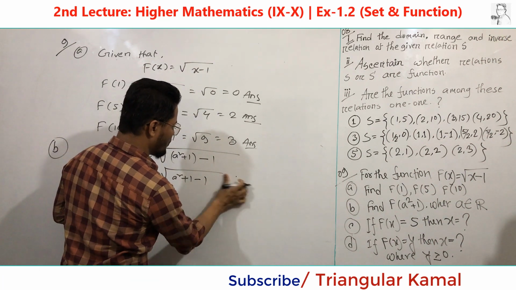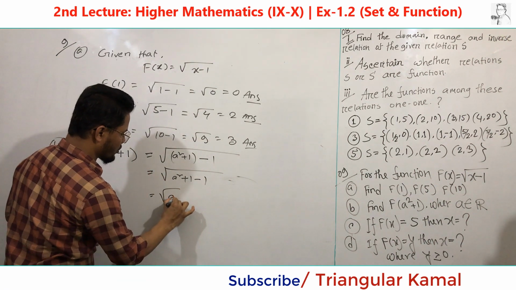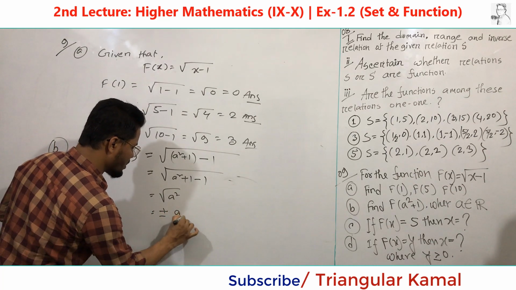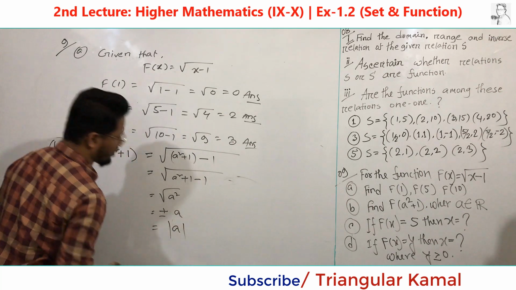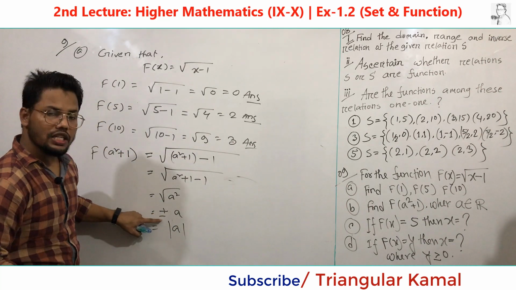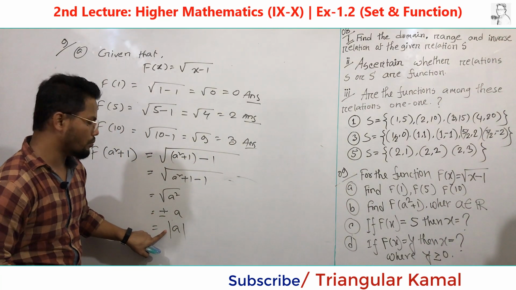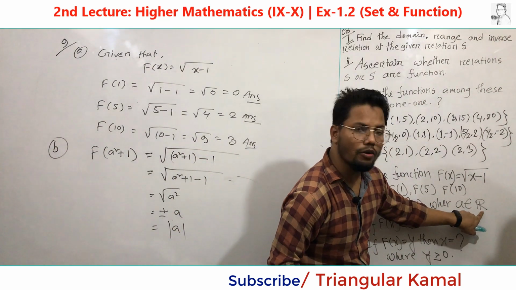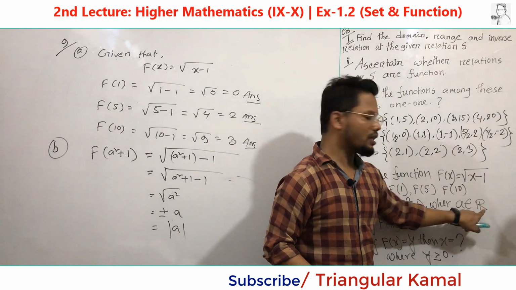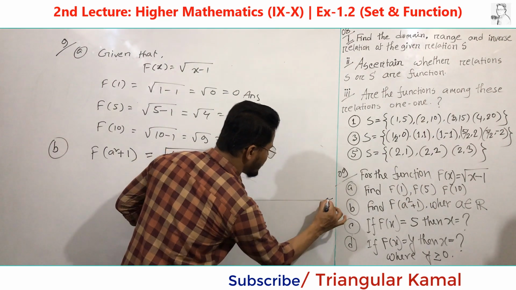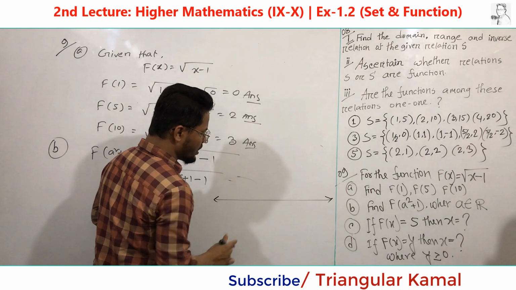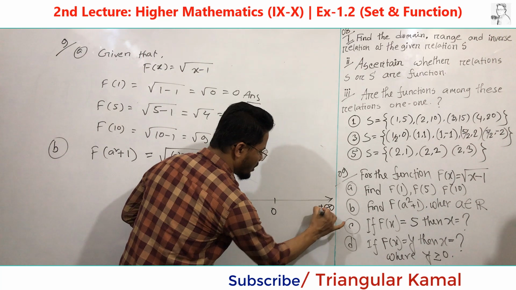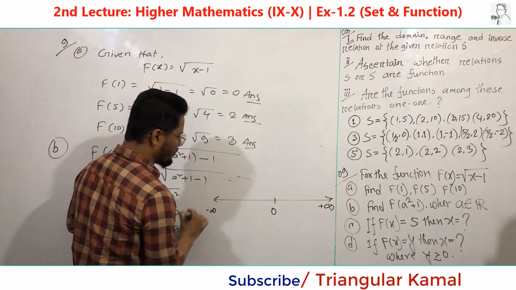That means there will be root over a square, and this one is plus minus a, or you can write here absolute value of a. And I think definitely you are thinking why I wrote here absolute value of a, because the information is given a is an element of all real numbers. You have to know what is real number: this is the 0 middle position, the right side is positive infinite, this is the negative infinite.